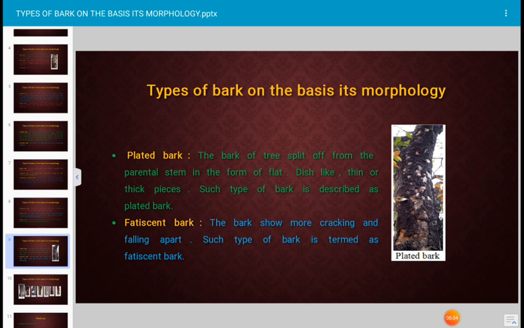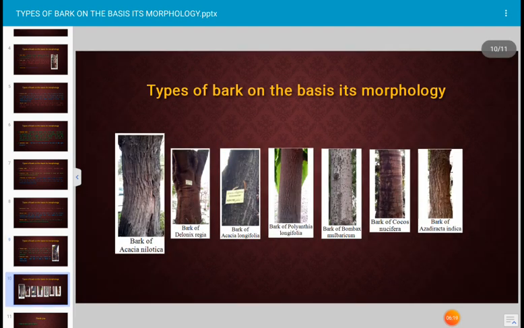Next, fatiscent bark. In this case, the bark shows more cracking and falling apart, and such type of bark is described as fatiscent bark. Next, these are the photographs of different types of bark. The first photograph is the bark of Acacia nilotica.